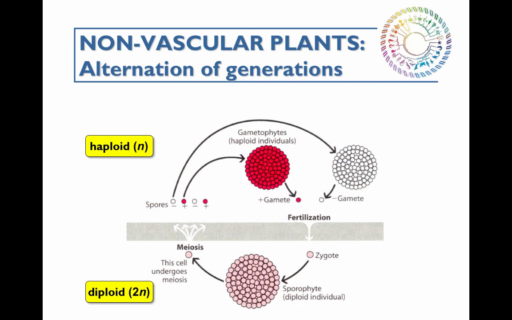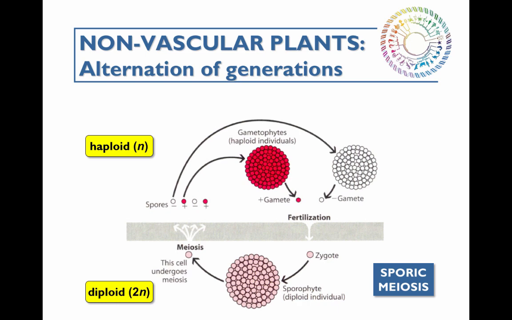The haploid phase here, above that grey line, has N chromosomes per cell, where N is the unique number of chromosomes, and the diploid phase has 2N chromosomes in each cell. In other words, 2 copies of every chromosome in every cell. So this type of life cycle is called sporic meiosis. It's shared by every single plant.